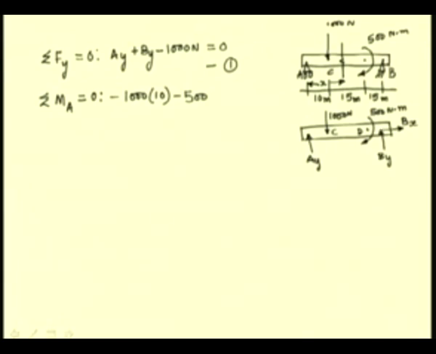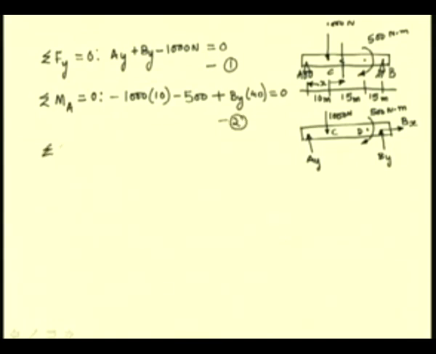And at B, we have two unknown reactions, that is Bx and By. The moment of Bx is 0 because it passes through A, but the moment of By is counterclockwise, which is positive, and the moment arm is 40 meters. So, we have plus By times 40 equal to 0.